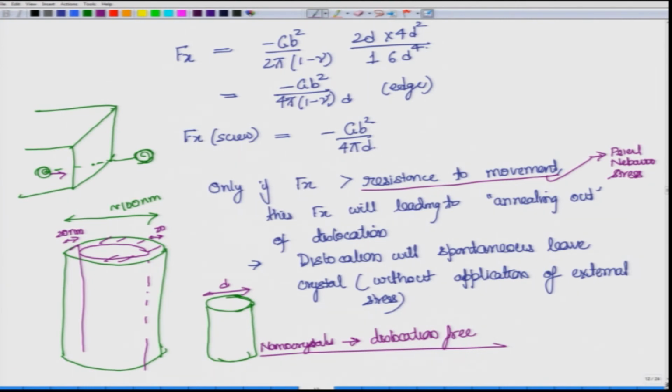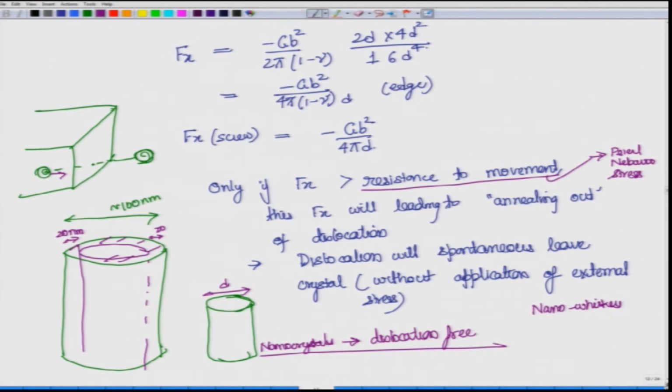You remember from the first class that we said that if there are no dislocations, then you can get very large strength, and that is the origin of such high strength in nano whiskers. You may have heard about whiskers; in fact, whiskers themselves are nano sized, but let us call them nano whiskers to stress the fact that they are crystallites with very small sizes.